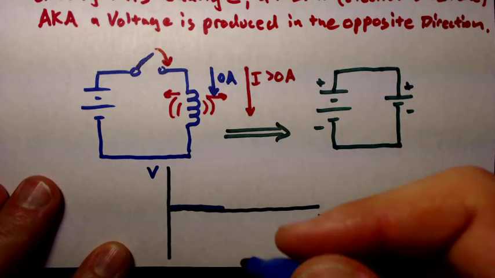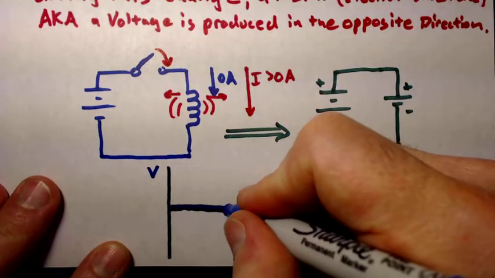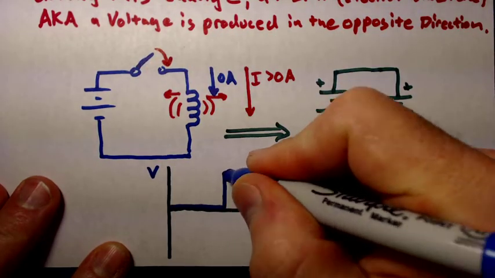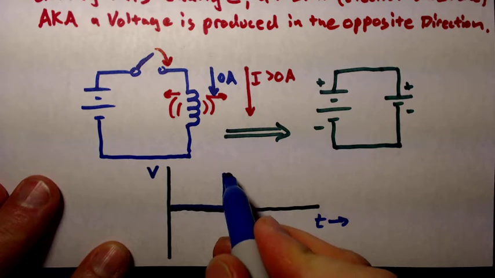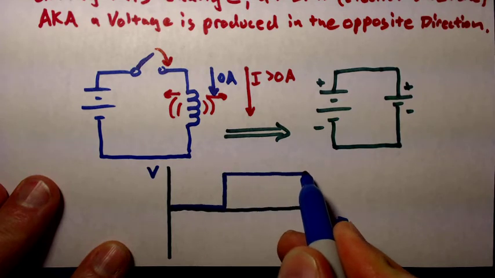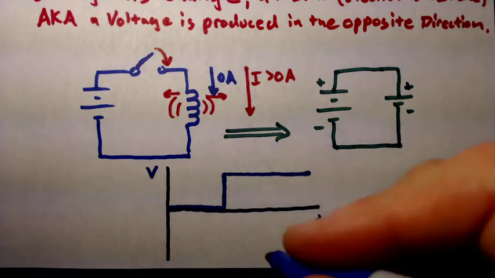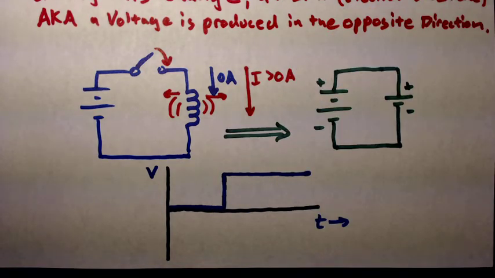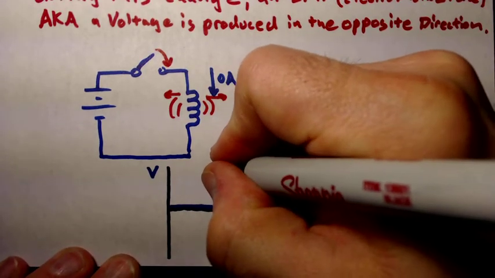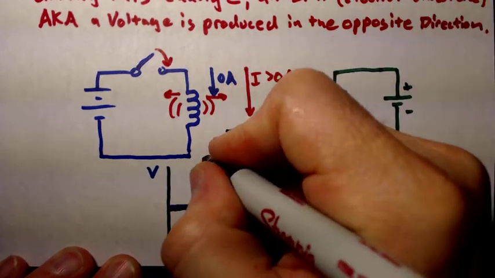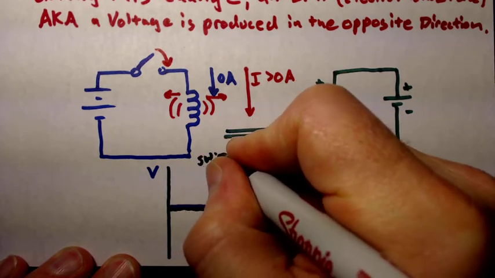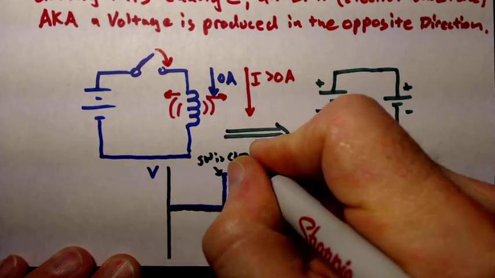Now, when I flip that switch, the voltage will go up to some value. So let's say right here, switch is closed.